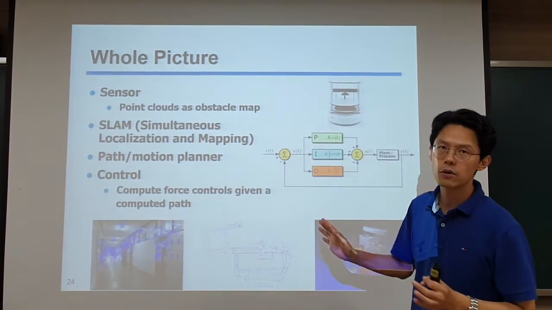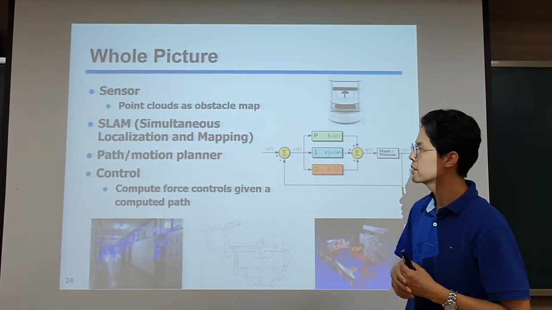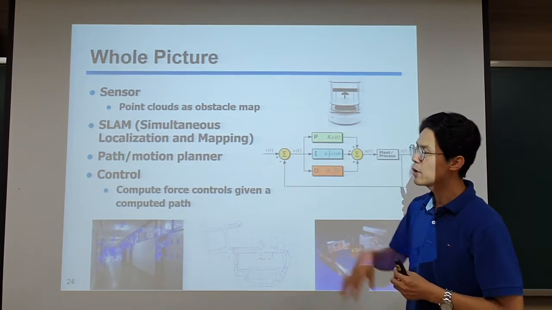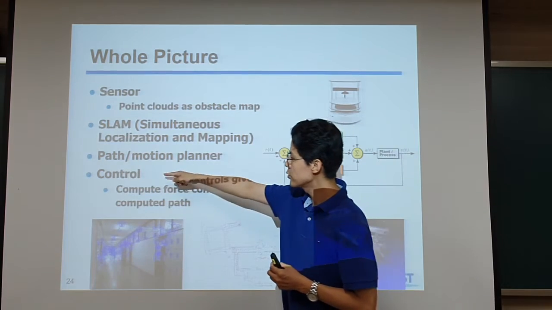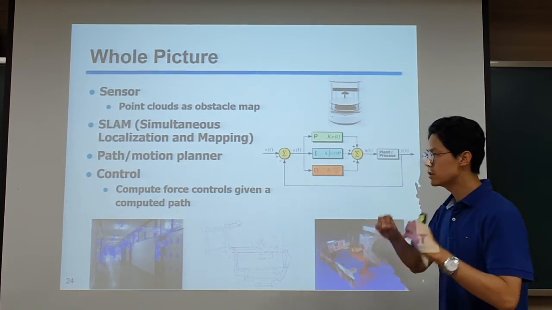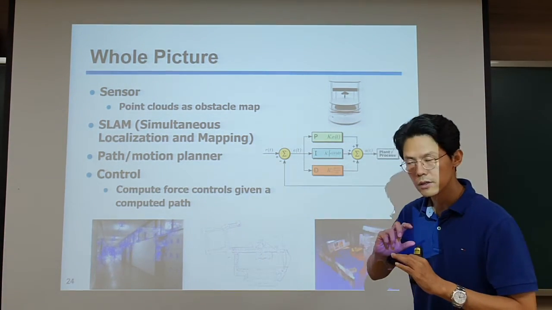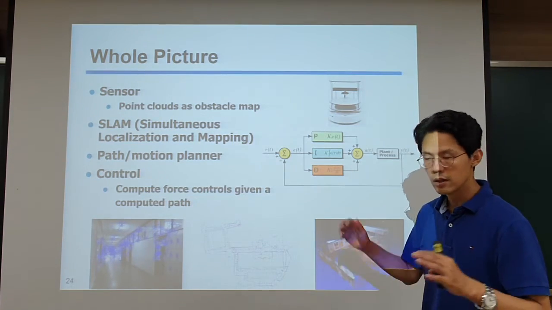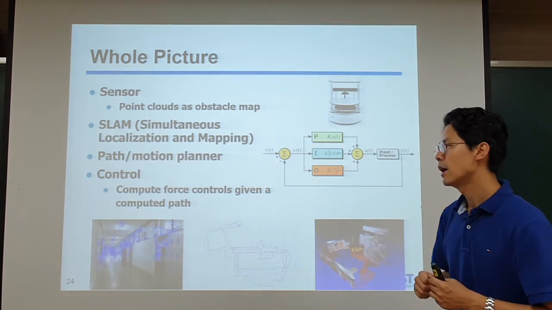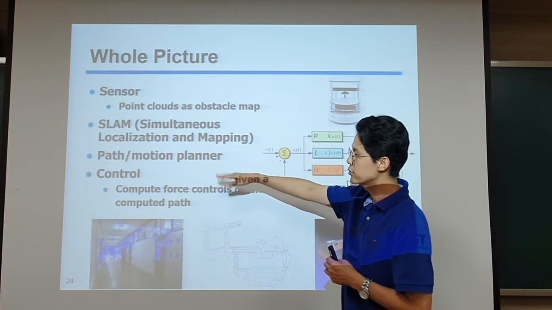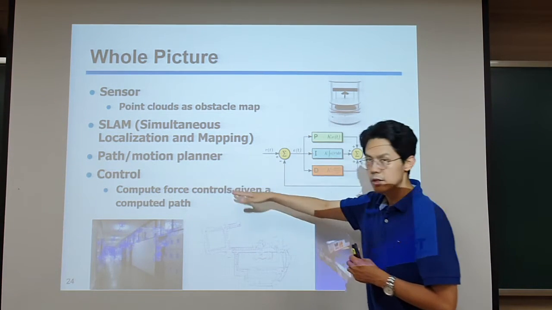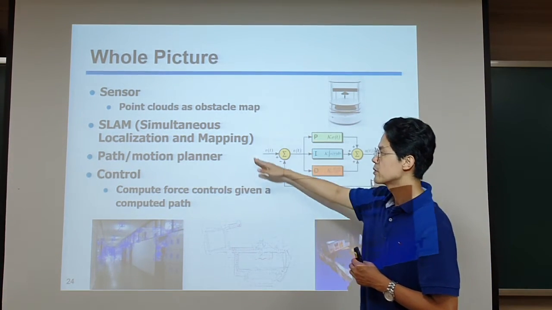We run the A-star algorithm, or some other technique, and compute the path, right? Then we give that path to the control unit. Control is nothing but computing the force that drives the motors built into our robot. Basically, the control unit computes the force that tries to follow the path computed by the motion planner.